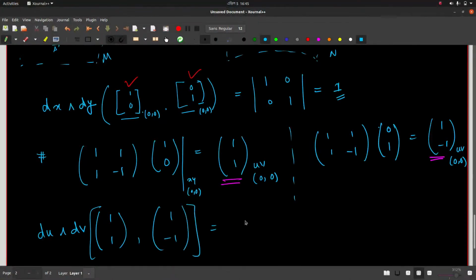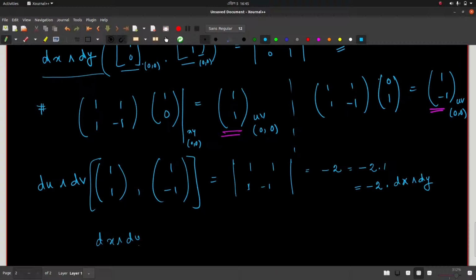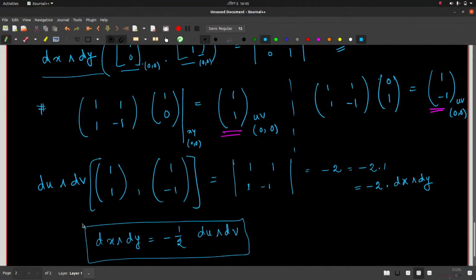Now if you compute it, what you have is the determinant given by [1 1; 1 -1], like this, and this is just minus 2, and from here you can write minus 2 times 1, and 1 was what? dx wedged with dy, so you can write it as minus 2 times dx wedged with dy, and finally you have the relationship that we computed earlier, like this.